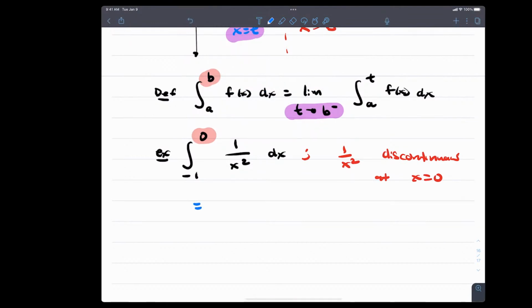By definition, we say, okay, integrate from what? This is going to be the limit now as t goes to 0 from the left. We're going to integrate from 0 to t of 1 over x squared dx.